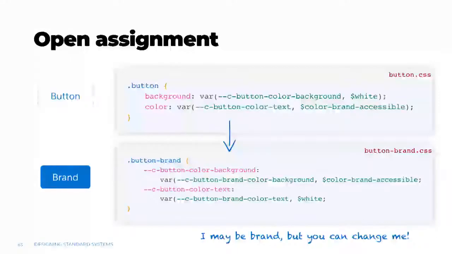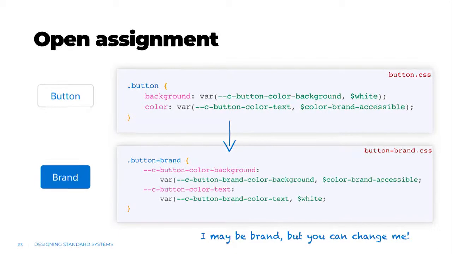So the way that we do this is it's accomplished by taking the CSS custom property that is in our default button, reassigning it to another CSS custom property that is in our brand variant, and then really the only difference is we've just changed the name of that new custom property that's in brand variant.